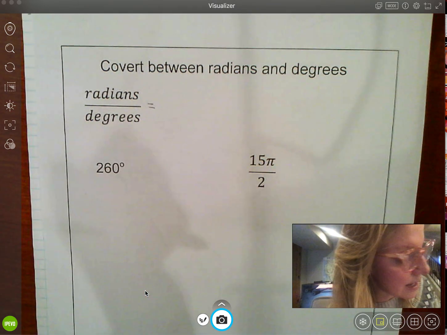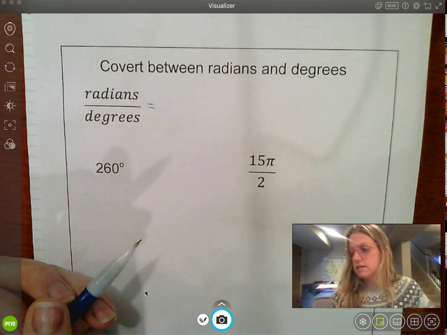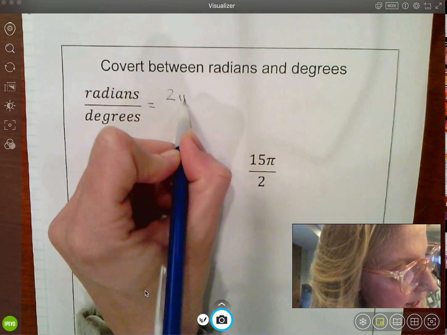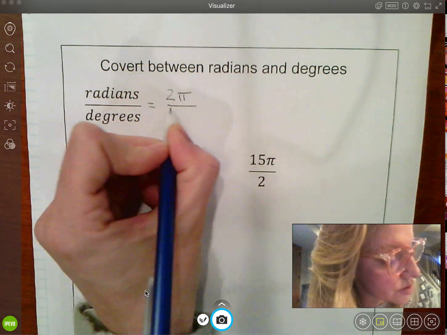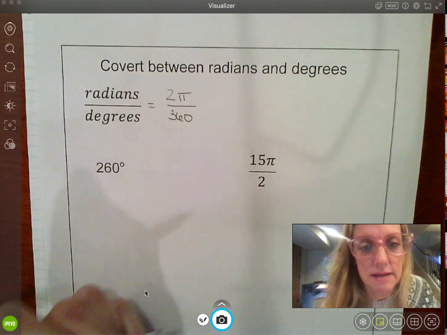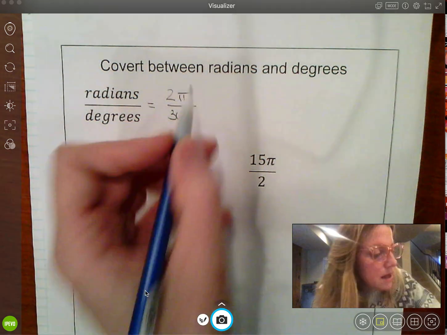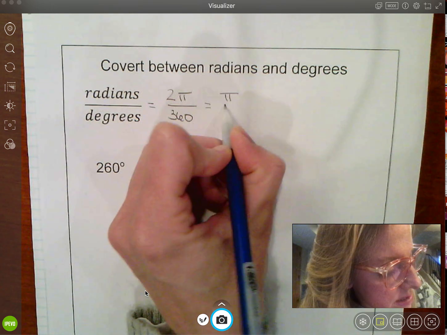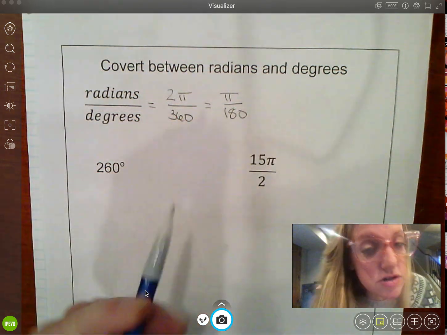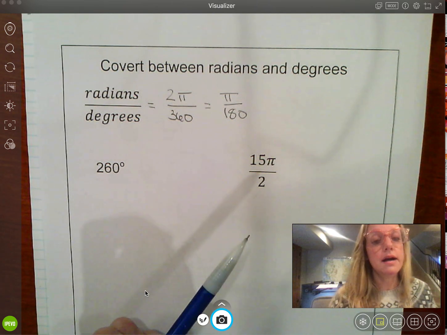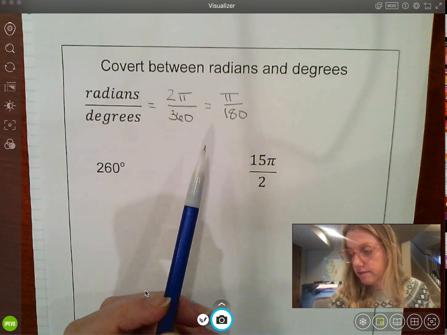If we want to think about this as a ratio, isn't it true that 2 pi in radian mode is all the way around a circle, which is the same as 360 degrees? That would be a fine way to translate, but I would go even one step further and simplify. I think it would be even easier to use pi over 180. It's just simplifying it a little more. But that's up to you. Either of these would work.